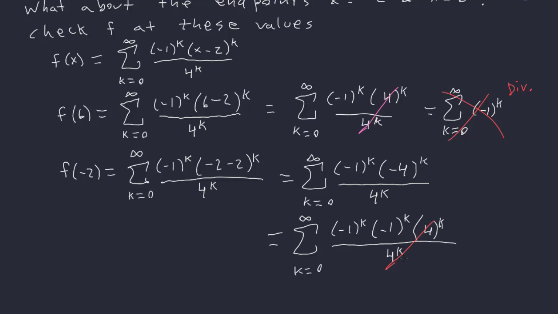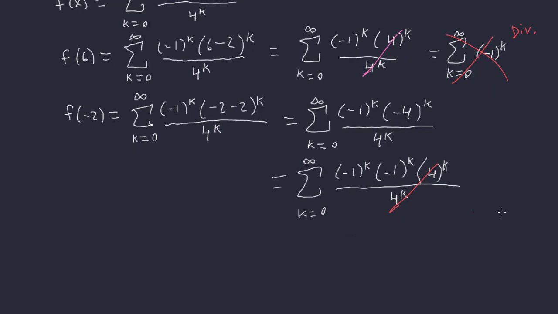Those cancel again, and then we're left with the series of -1 to the k plus k, so to the 2k, and that's always going to be positive. So that's the series k going from 0 to infinity of just +1, and that also diverges.